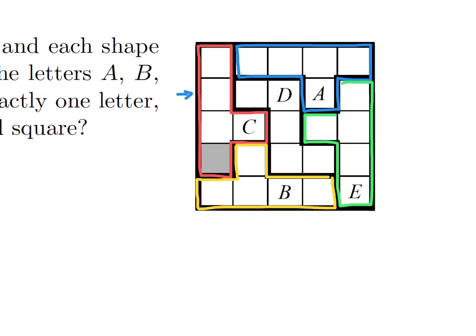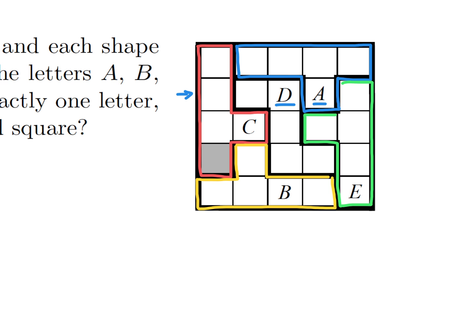This guy. That one cannot be a C because the C is already in the red shape, right? Each letter can only appear in each shape once. So it can't be a C. It can't be an A or D because those are already in that row. Here's the A and here's the D. So it can't be an A or a D because those are in the row, and it can't be a C because it's in the shape.